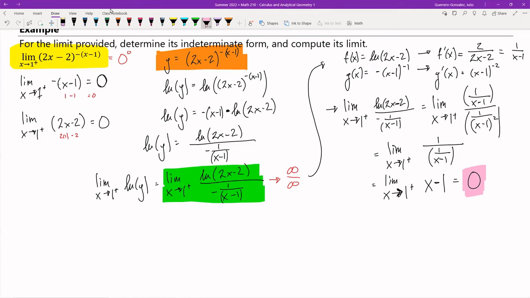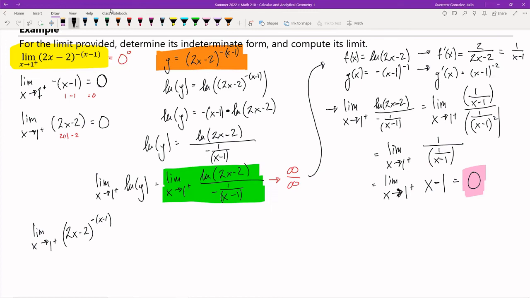Okay. So we wanted to find the limit of the original, right? The thing in the yellow that's in the top left corner. So we wanted to find the limit as x approaches 1 from the positive of 2x minus 2 to the negative x minus 1.